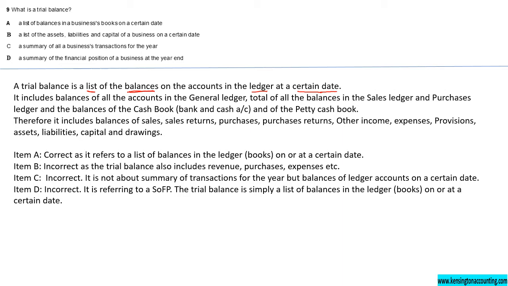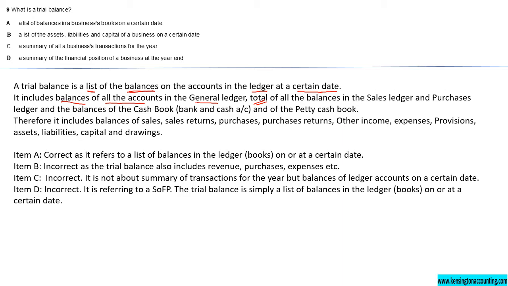It therefore includes the balances of all accounts in the general ledger, and the total of the balances in the sales ledger and purchase ledger. The total of the balances in the sales ledger is represented by trade receivables, and the total of balances in the purchase ledger is represented by trade payables.